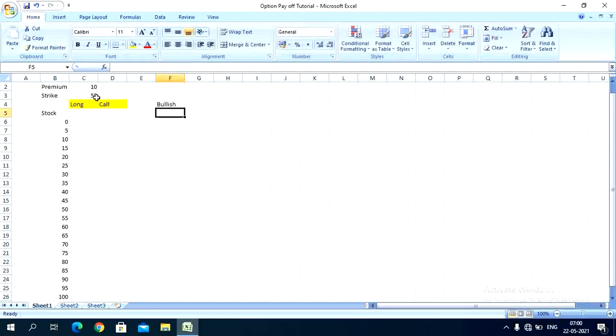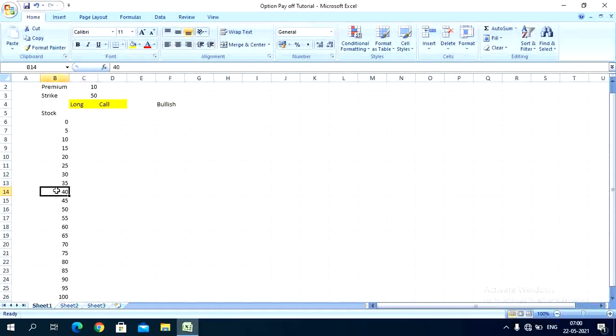Now let's say there will be two people, as I have said, one is the buyer and the other is the seller. So when the price is less than 50 rupees, let's say at 40 rupees, the person who has taken the long position in the call has the right to buy.